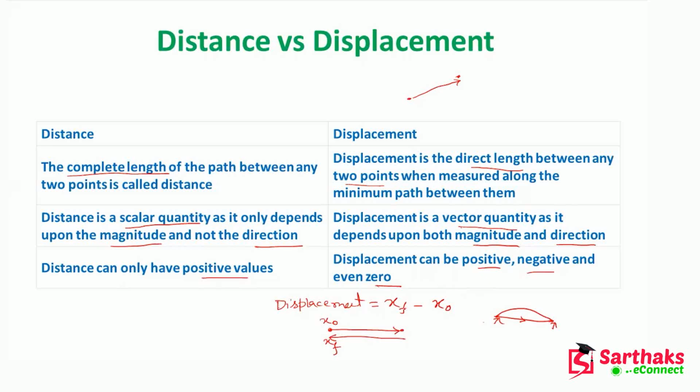If xf is less than x0, then you can see that yes, the displacement will be negative. But the distance always has positive values. Okay. But the displacement may be positive, negative, or even zero.